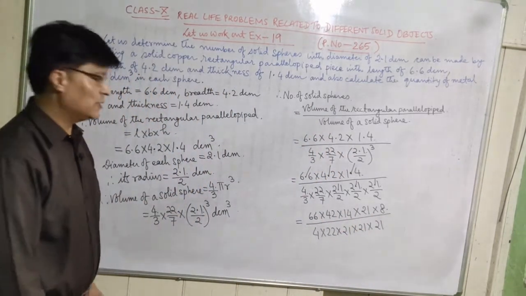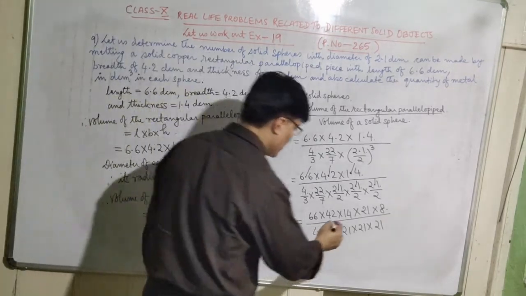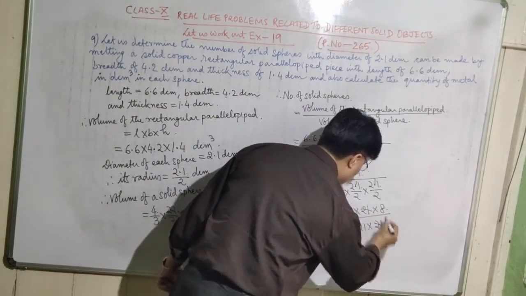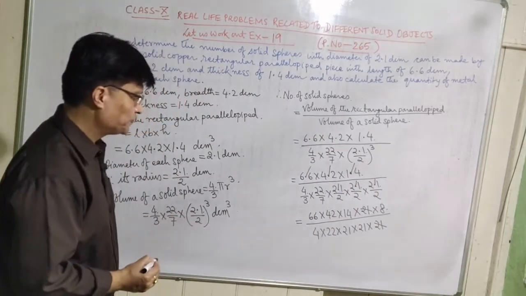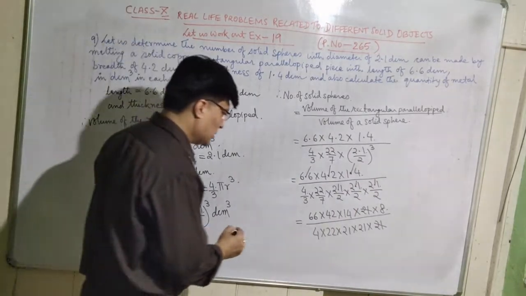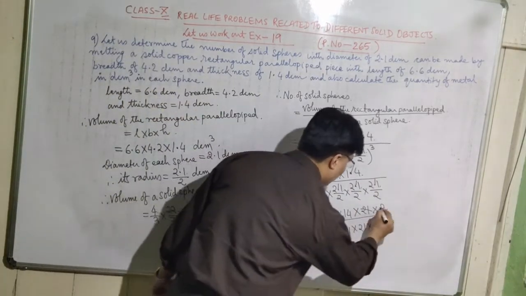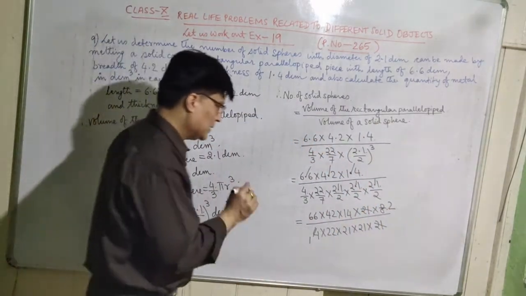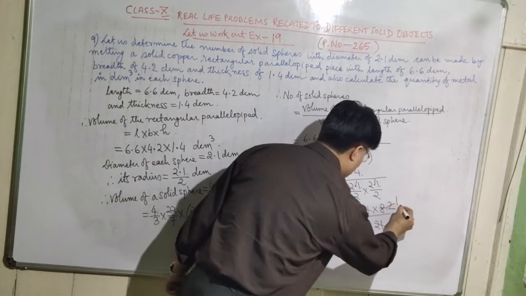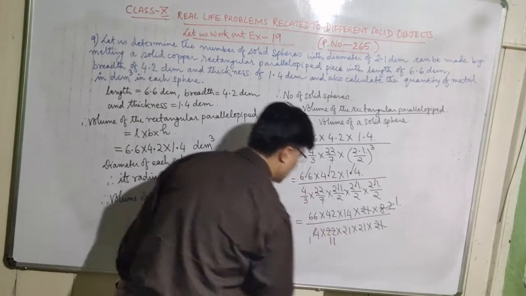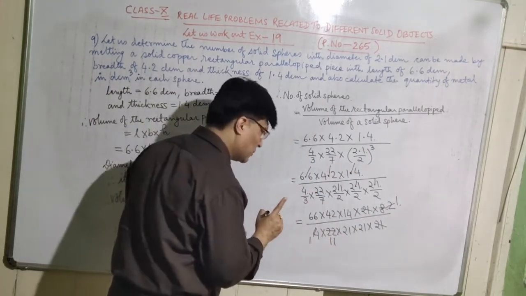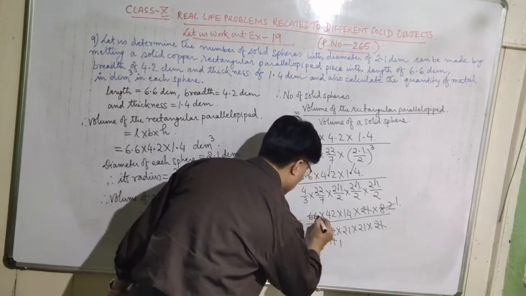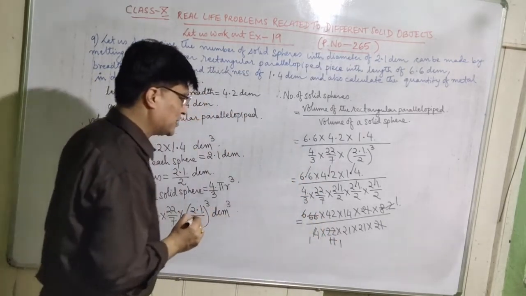So now let us simplify it. So here this 21 gets cancelled. I think you have understood it. This is 4 1s are 4, 4 2s are 8. Next, 2 1s are 2, 2 11s are 22. Right? 11 1s are 11, 11 6s are 66.